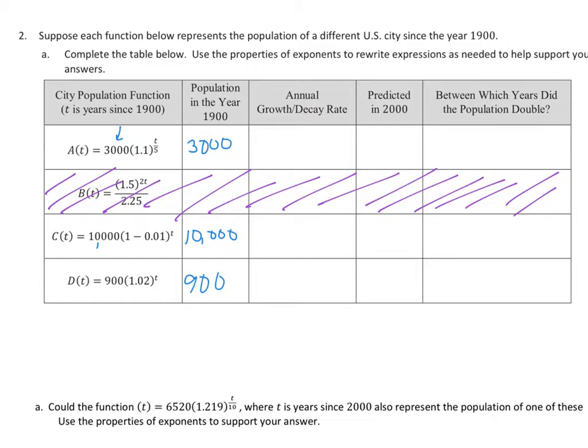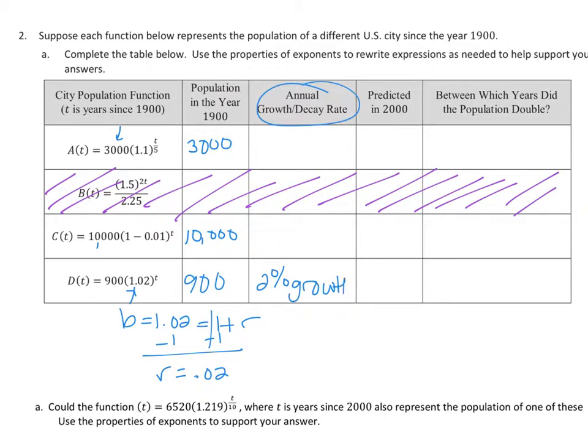Now the last part says, find the annual growth or decay rate. I'm going to go backwards and do function A last. Function D is easy to find the annual growth or decay rate because this is B, 1.02. And if you remember, the B is equal to 1 plus r when you increase. To get your r value, just subtract 1. So the r for this is 0.02, meaning that I have a 2% growth for this function.